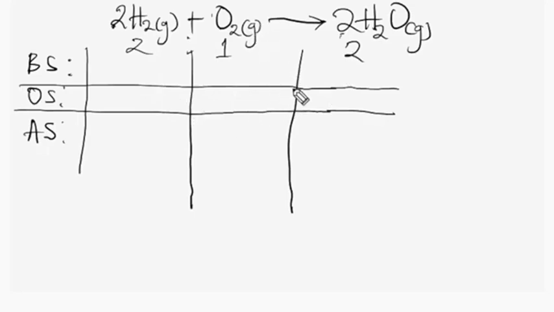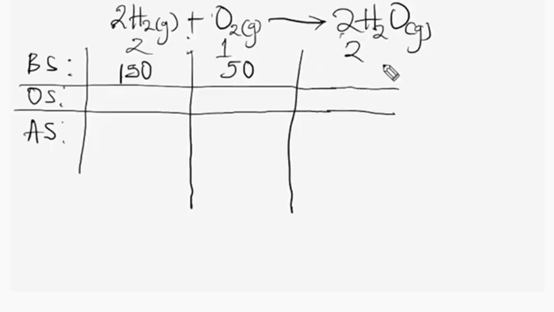Having this, we already know this will be the way the volume will also be distributed. Let's first consider the volume before sparking. The volume of hydrogen before sparking corresponds with the volume of hydrogen that was given to us. 150 cm cube of hydrogen are sparked, so the volume of hydrogen before sparking is 150 cm cube. Then it was sparked with 50 cm cube of oxygen, so that of oxygen is 50 cm cube.